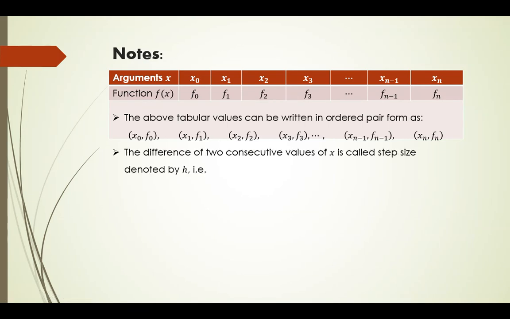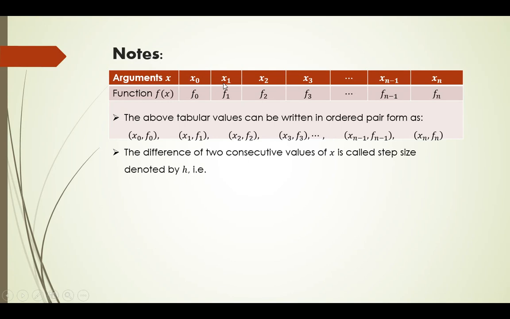Thirdly, the difference of two consecutive values of x is called step size, which is denoted by a small h. What are two consecutive values of x? x naught, x1 are two consecutive values of x. x1, x2 are two consecutive values. x2, x3 are consecutive.